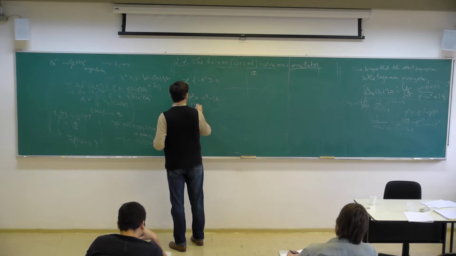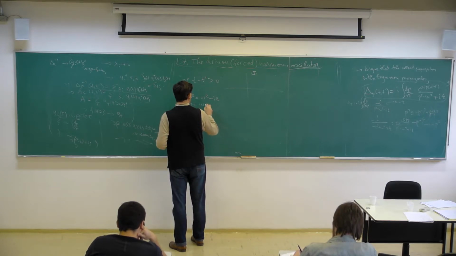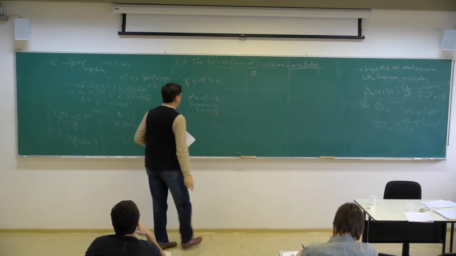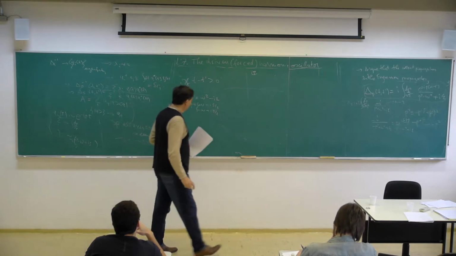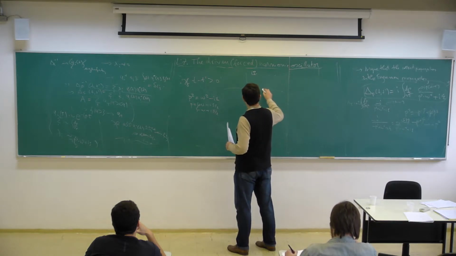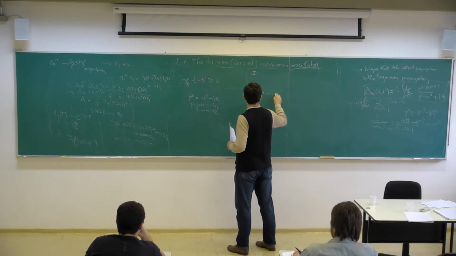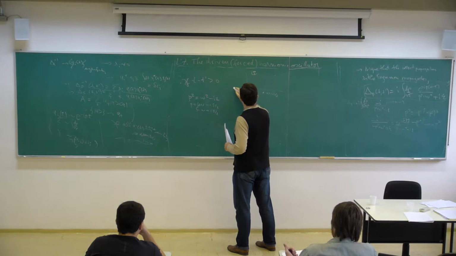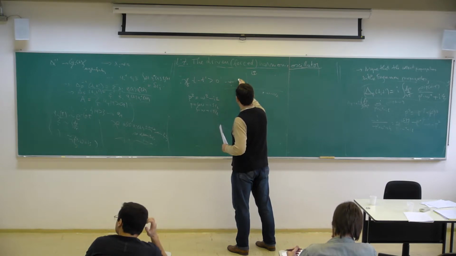That is, p is plus omega minus i epsilon over 2, or minus omega plus i epsilon over 2. So the poles would be plus omega minus i epsilon over 2, and minus omega plus i epsilon over 2.